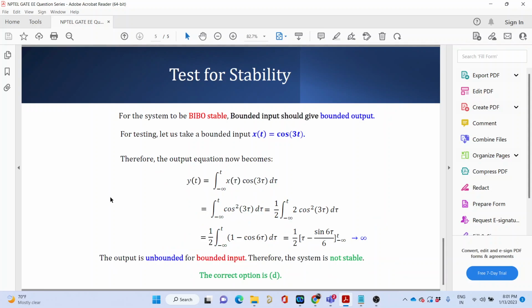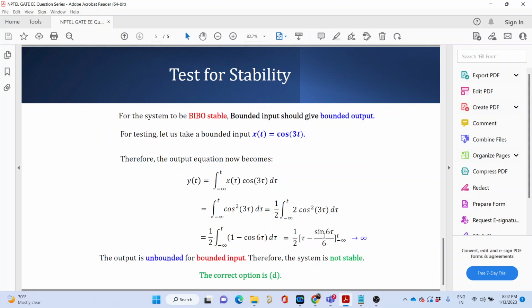Okay. So talking about the stability, as I have already told you, you just put cos of 3t. So cos squared, okay? You put half outside, 2 on the inside. So that is 1 minus cos 2 theta, right? So 1 minus cos of 6t. If you integrate that, d tau would be tau and integration of the cos term would give plus sine 6t.